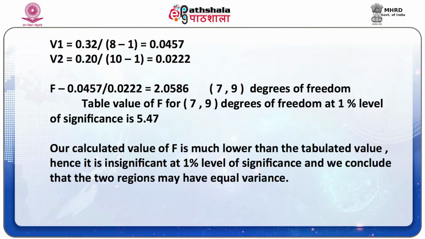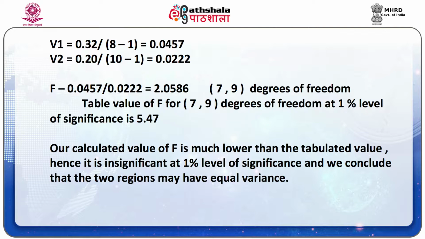Similarly, for the second one, S2 square is found to be 0.0222. The F ratio is the ratio of the two variance values, which is found to be 2.0587 for 7, 9 degrees of freedom. 7 corresponds to the numerator and 9 corresponds to the denominator.